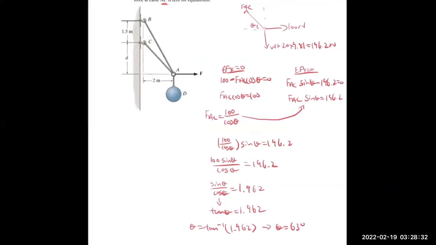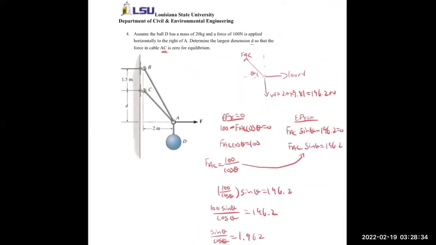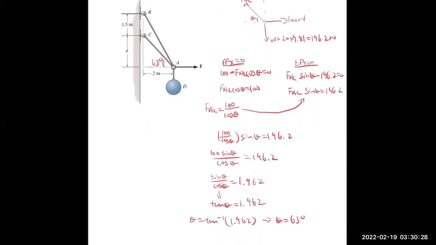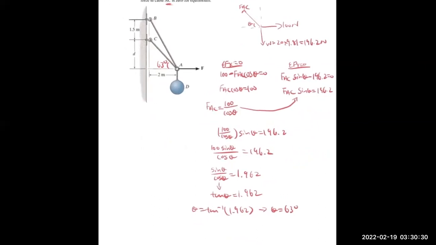Okay, so we found out what theta is. What can we do to find out d? Okay, so let's say 63 degrees right here. What we can do at this point, we can take tangent is equal to opposite over adjacent. Opposite is d, the adjacent is 2.